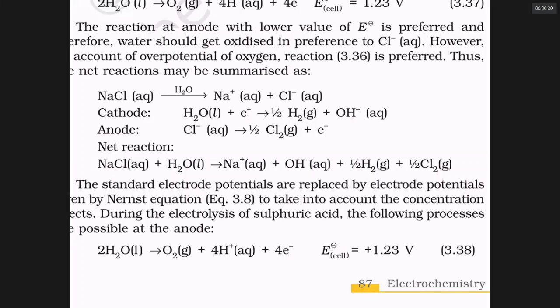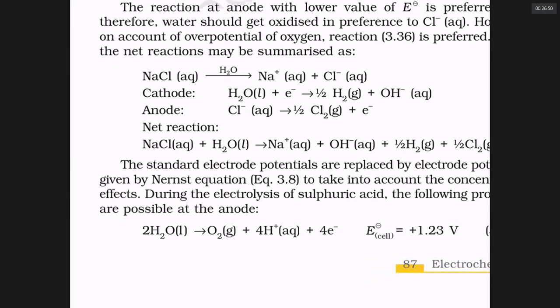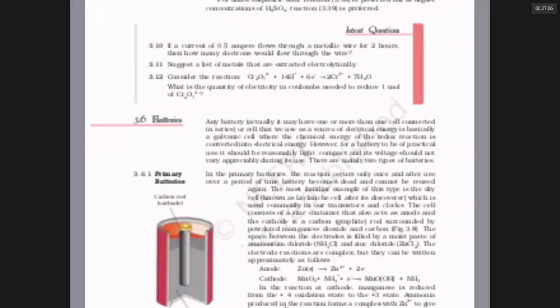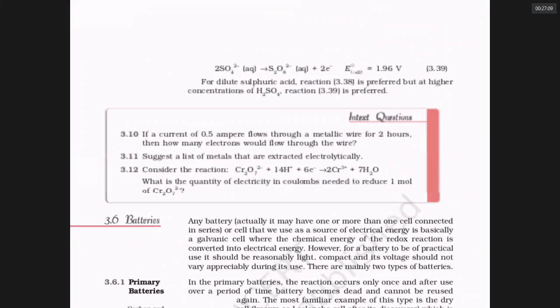Therefore, the OH minus ions and the Na plus ions combine to give NaOH, caustic soda. Thus, the electrolysis of salt water always gives caustic soda. Electrolysis of salt water is a method to produce NaOH. The typical cell which makes NaOH is called the Nelson cell. This is a point I wanted you to learn thoroughly.